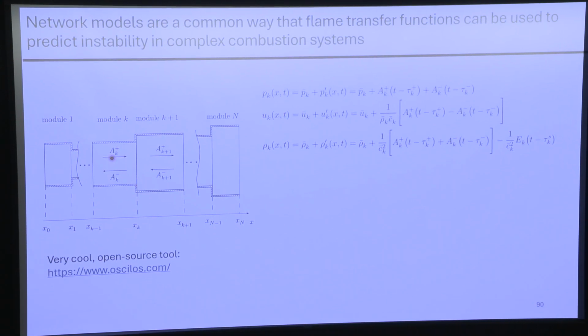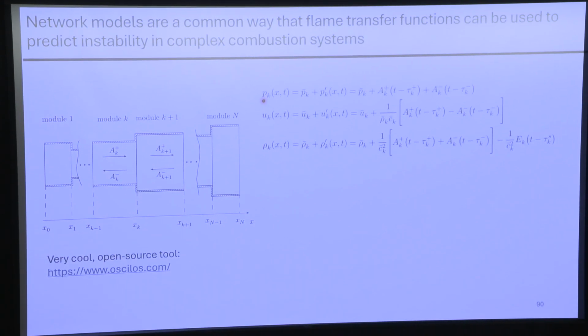And then what the solver does is it knows in every module there's a forward traveling wave and a backward traveling wave. And then it just applies boundary conditions to the forward traveling wave and the backward traveling wave by conserving mass, momentum, and energy at each of the interfaces.